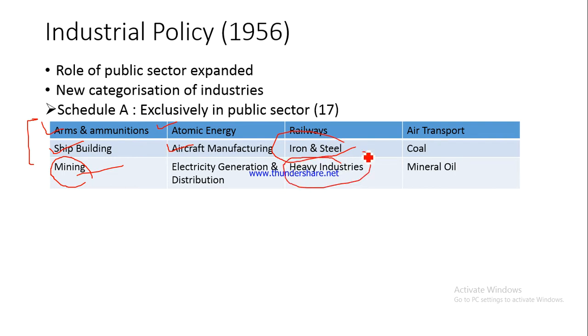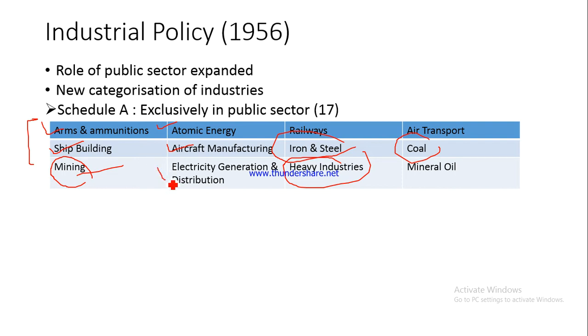Heavy industries, coal you use to generate electricity, iron, steel, so many machinery items, so many construction material is produced using iron, steel, and again we need various metals for so many purposes. So these were important for the economy of the country, crucial to the economy of the country, and that is why these industries were also reserved for public sector play.